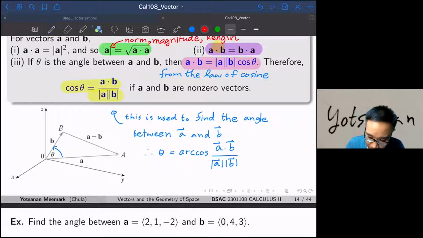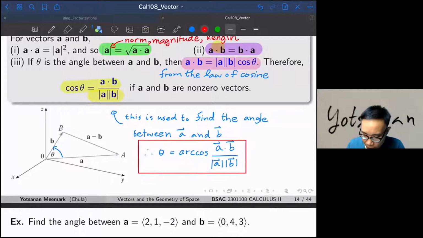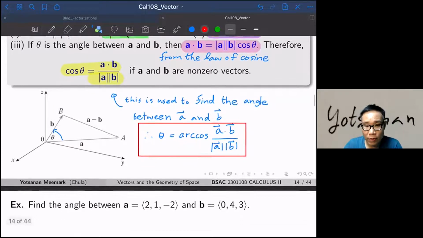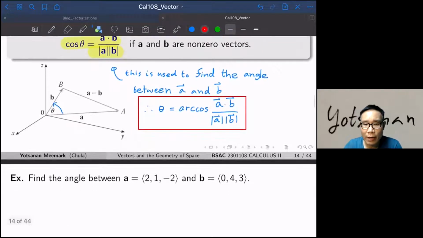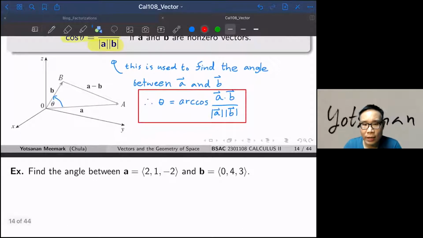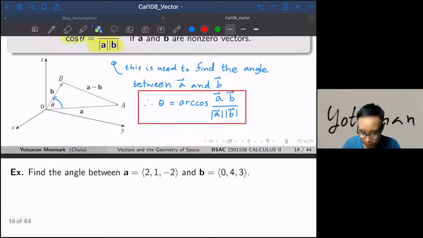Let me emphasize this a little bit: we use this regularly for finding the angle between two vectors.